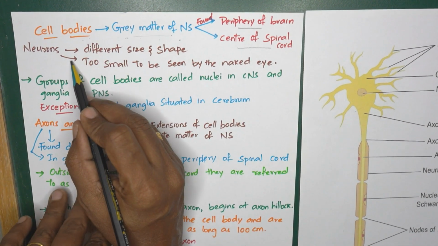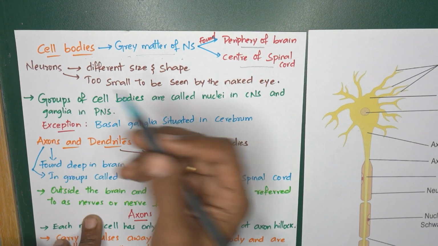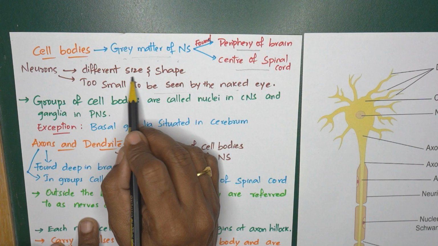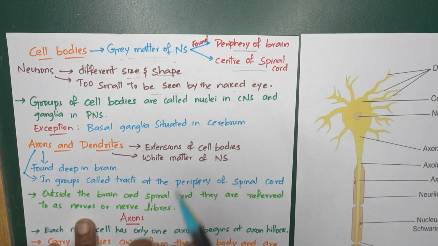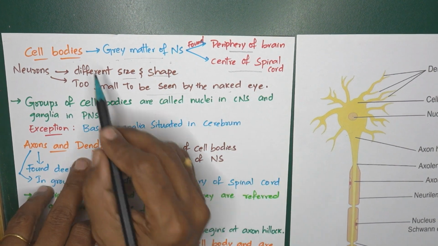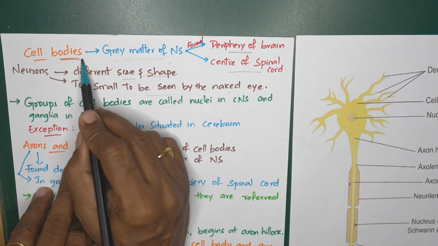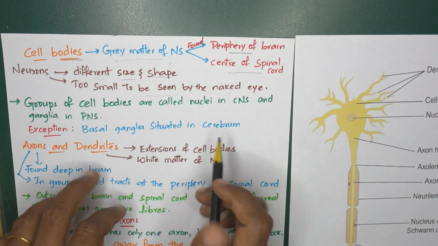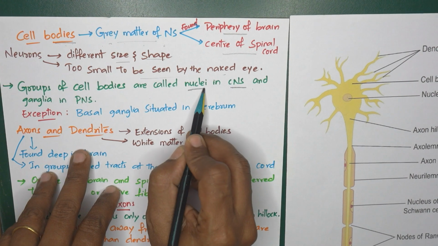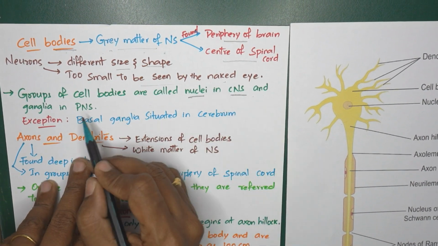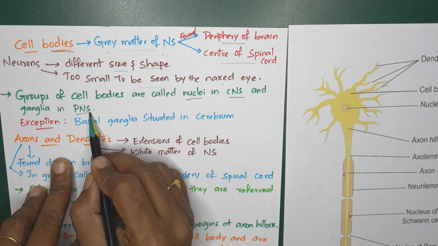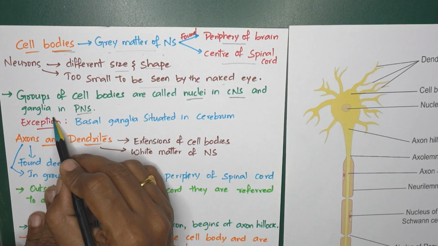And coming here, the nerve cells or neurons, we cannot see them with our naked eye. They have different sizes and shapes, and they're too small to see directly. Whenever these cell bodies are present in groups in the central nervous system, in the brain or the spinal cord, they are called nuclei. If the same cell bodies are present in the peripheral nervous system, they are called ganglia.